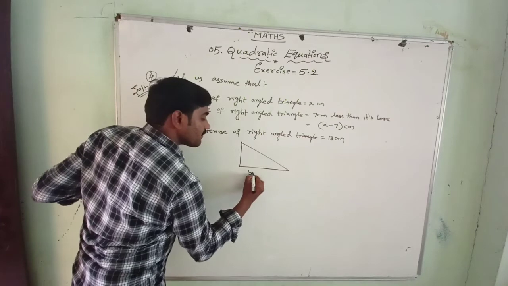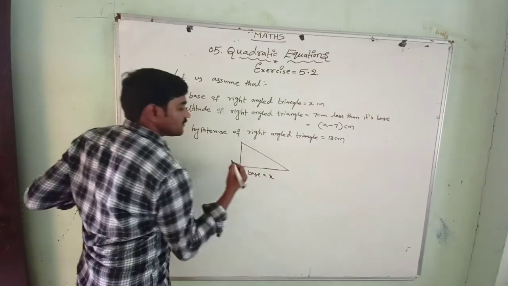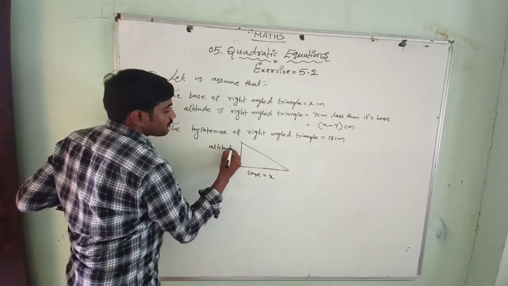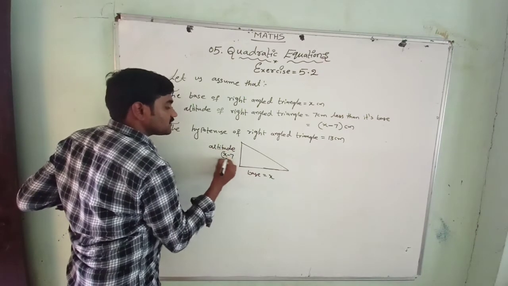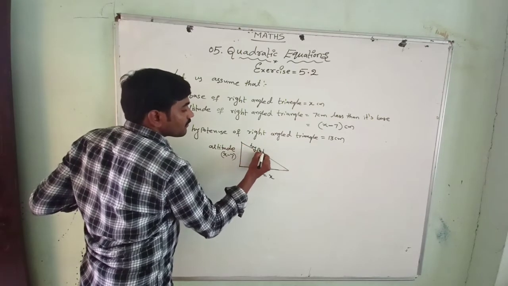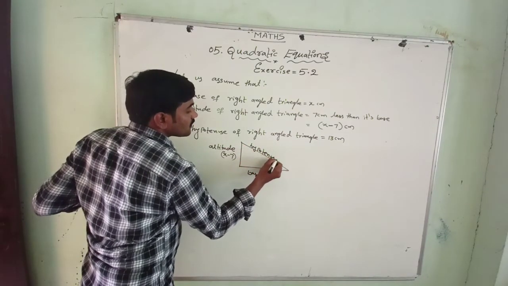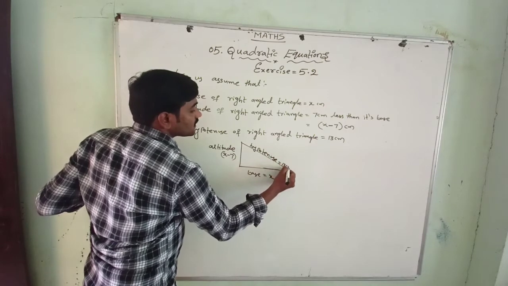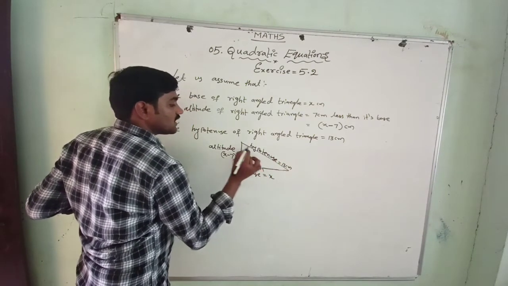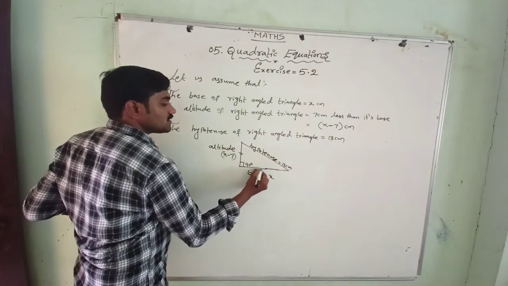This is the base, it will be x centimeter. Now this is the altitude, it is x minus 7 centimeter, and this is the hypotenuse, that is 13 centimeter. Now here it is 90 degrees. Now we have to find out these two sides.